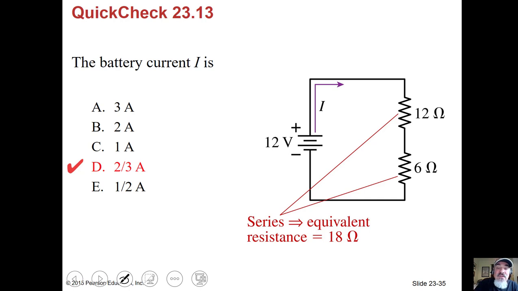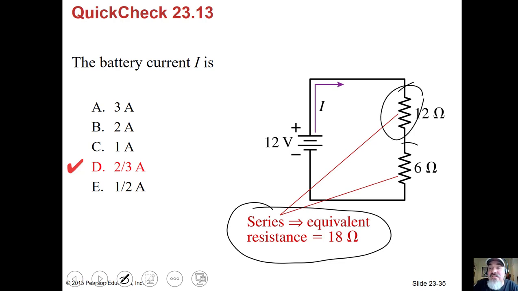So when it says equivalent resistance, it means, what if you want to make this into a simple circuit? Right now it's not a simple circuit because we've got 2 different resistances. What if we wanted to take this and make it into a simple circuit? Well, when you have series, you just add the resistances together. So a 12 and a 6 in series you could replace with an 18.